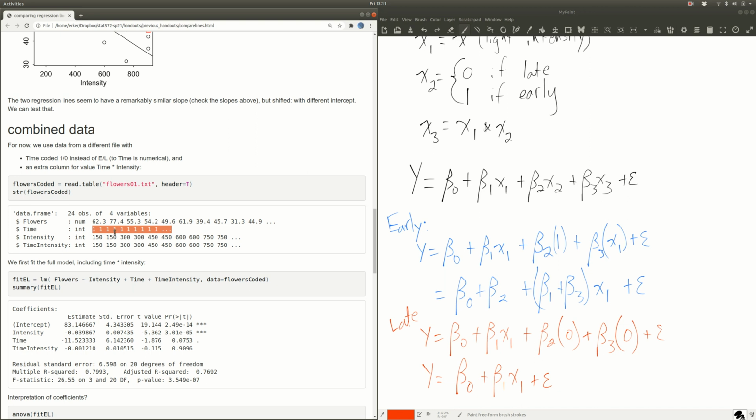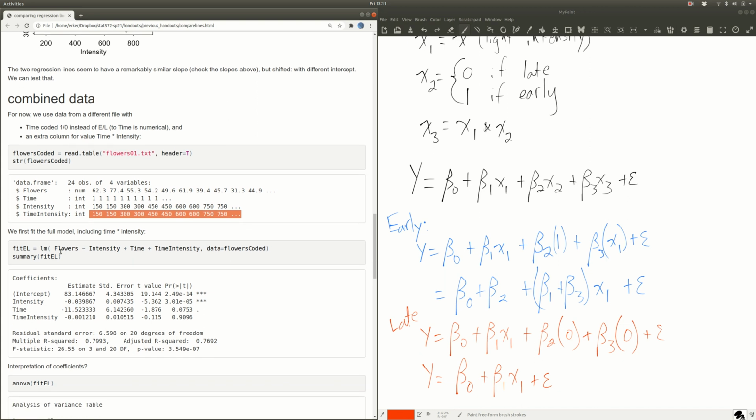Again, it's been recoded 1 or 0. We have intensity, which we had before. And then time times intensity. So for the top part of this, the values are just the values of intensity. But for the second half of this data frame, where time is 0, time times intensity is also 0.